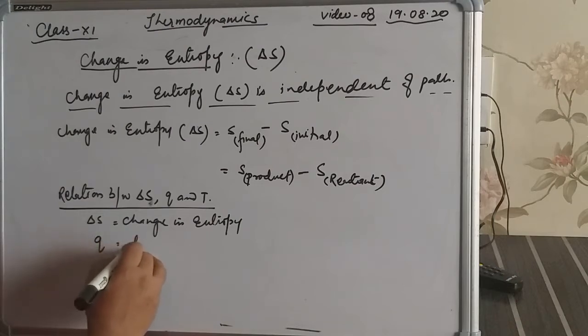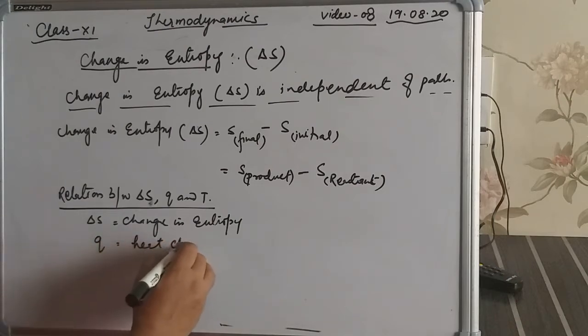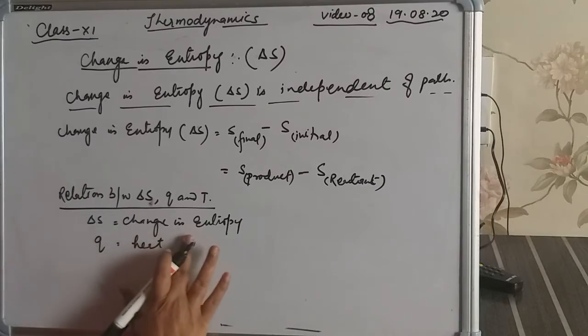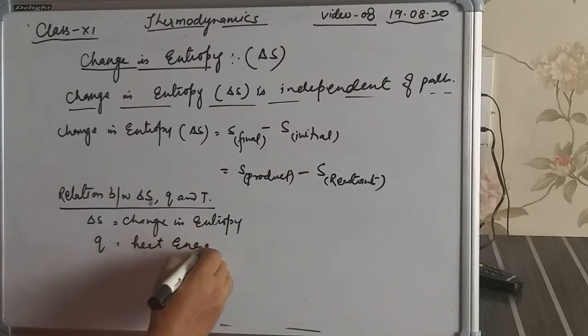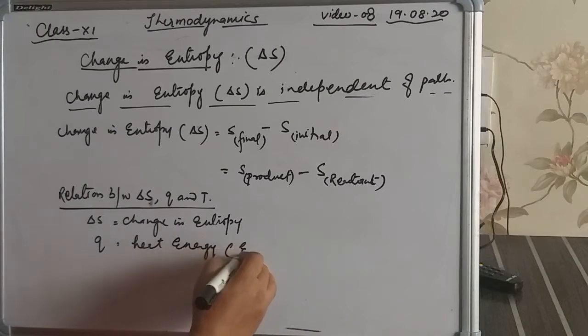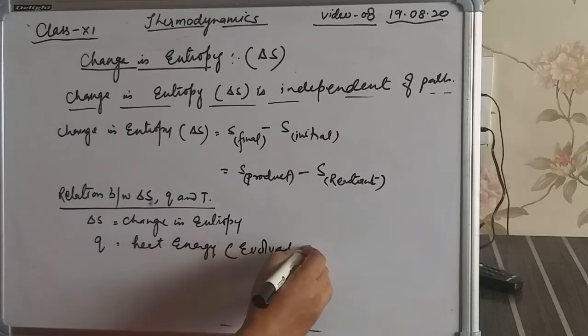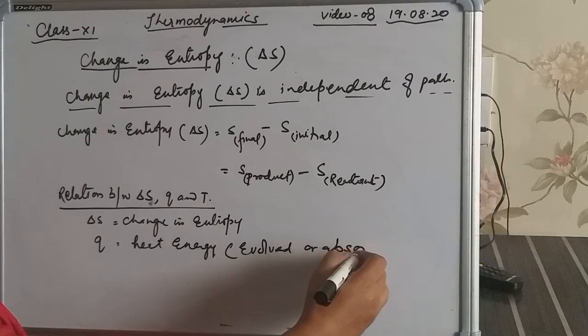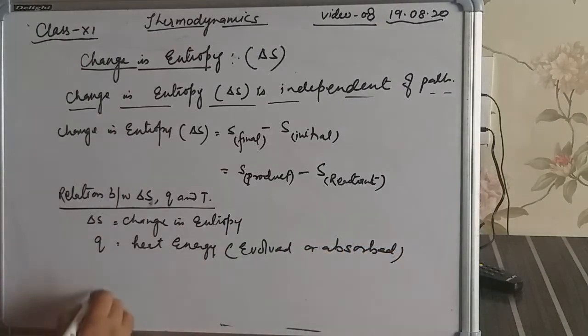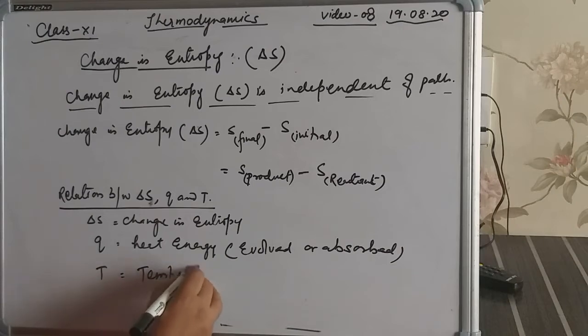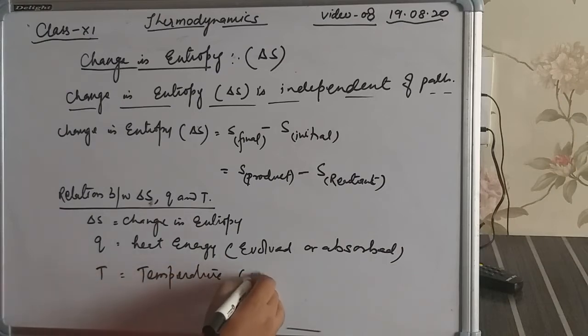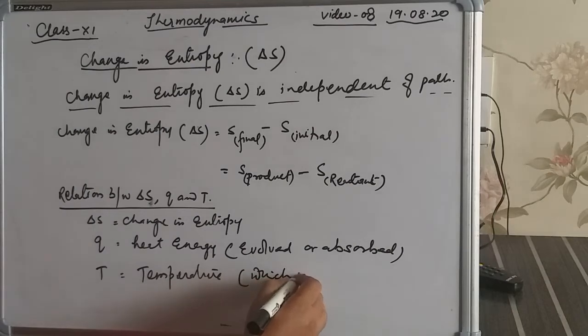Q is called the heat energy, either evolved or absorbed, and T stands for temperature, and we take the temperature as constant.